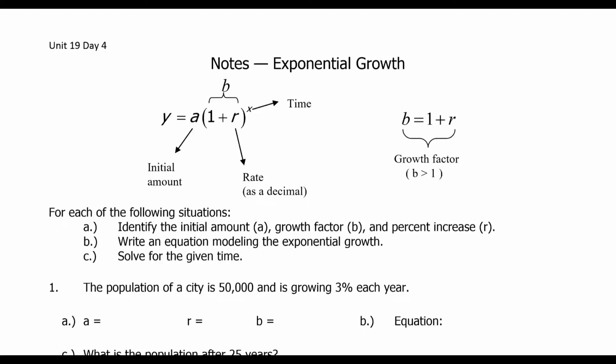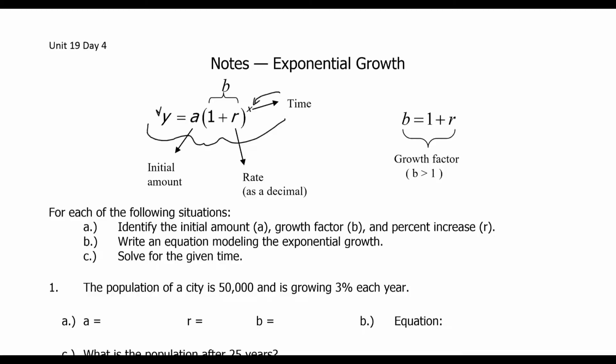All right. Now, let's go ahead and just dissect this piece up here. Of course we always know y is the output, x is going to be our input today. They're going to give us a time, we're going to plug in for it. And b is going to be 1 plus whatever the growth rate is as a decimal.